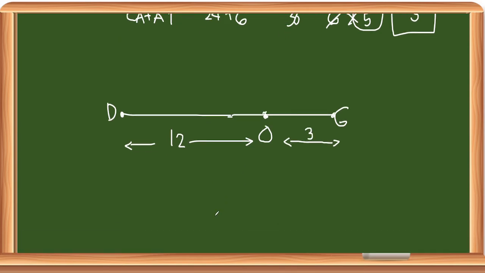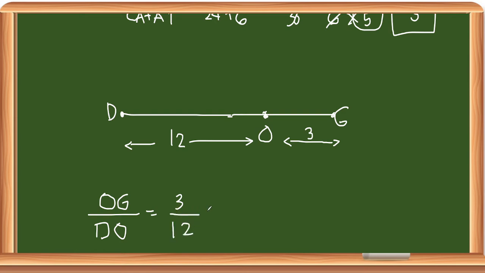Okay, so if you're asked to find the ratio of segment OG to DO, just fill it in based from the given. OG is 3 and DO is 12.